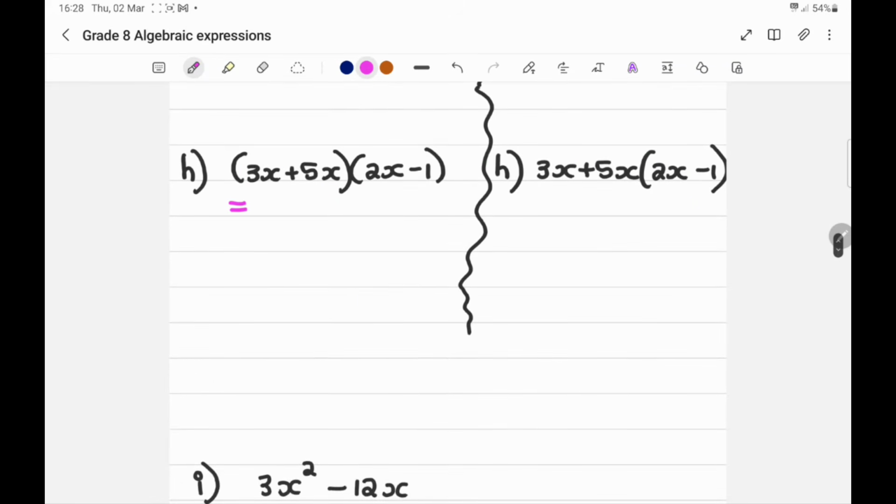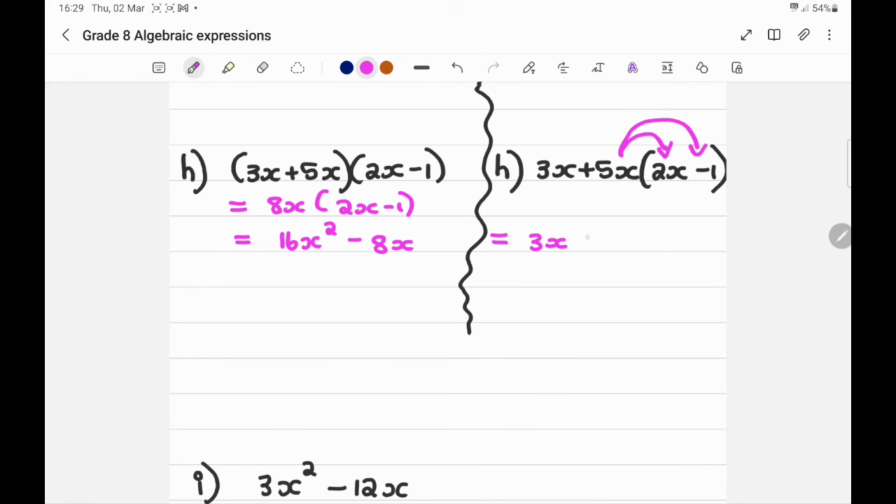Same over here. 3x plus 5x is 8x, and that goes into 2x minus 1, or gets distributed. 8x times 2x is 16x squared minus 8x. Over here, you perhaps want to say 3x plus 5x, but please don't.